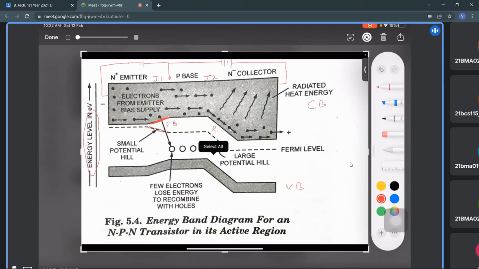And if you see this, the reverse bias junction is very steep here. So that's why it is having a large potential hill, and this is having a small potential hill. That means potential barrier actually.